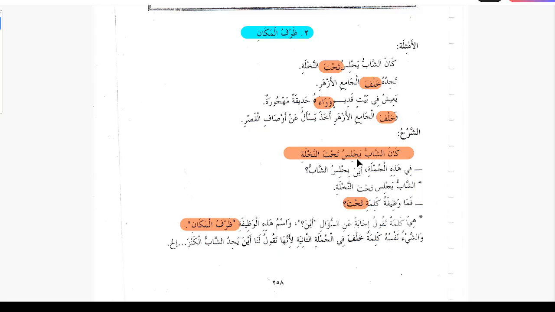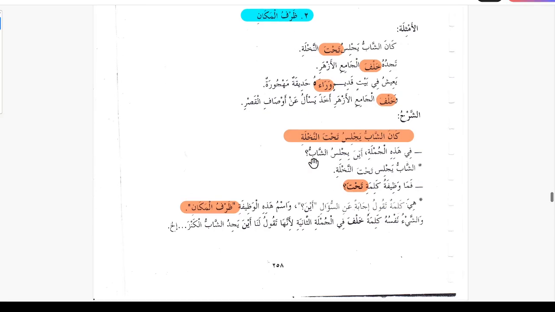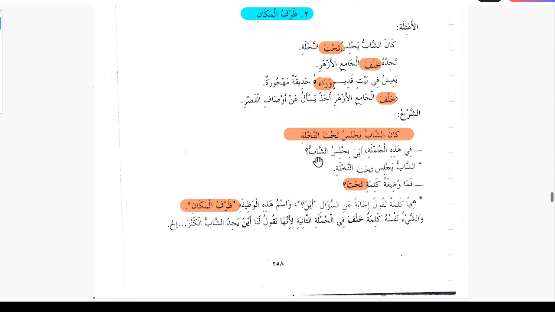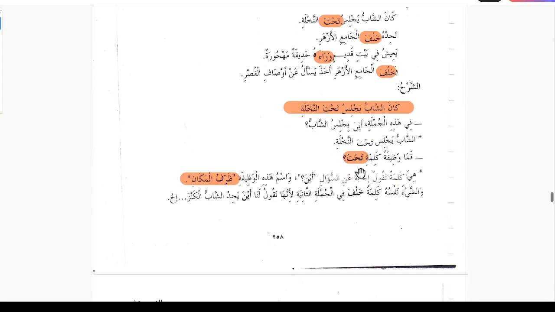Kana shabu yajlisu takhta nakhlati, so the first one, the young man was sitting under the palm tree. Fi hazihil jumlati aina yajlisu shabu, in this sentence, where was the young man sitting? Shabu yajlisu takhta nakhlati, the young man was sitting under the palm tree. Fama wazifatu kalimati takhta, so then what is the function of the word takhta?